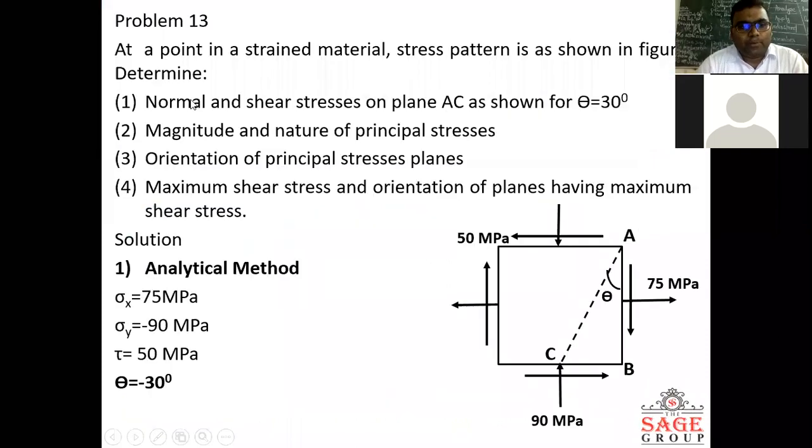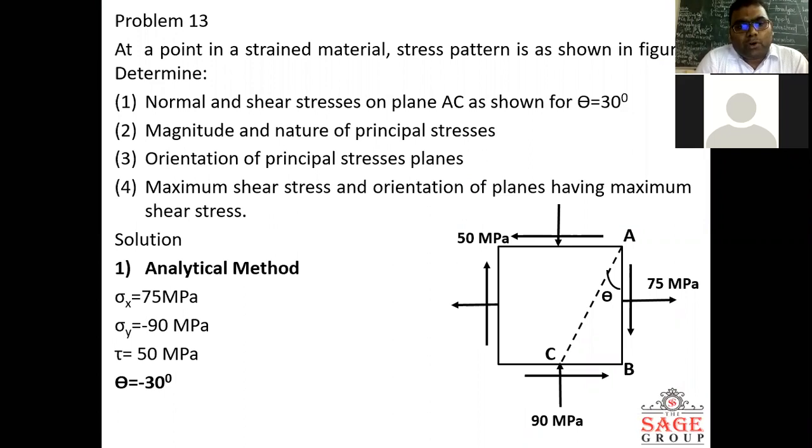This is the problem statement. At a point in a strained material, the stress pattern is shown in the figure. The figure is given in the question, and what you need to find out is also mentioned here.